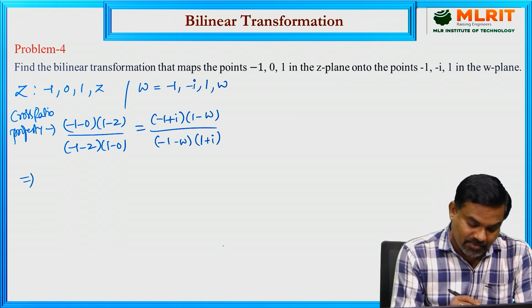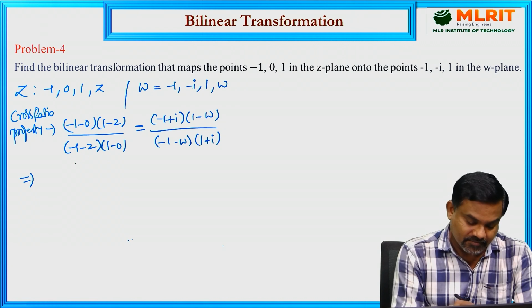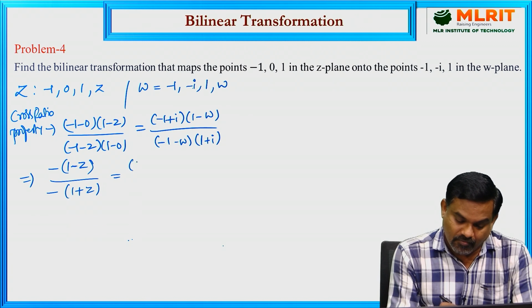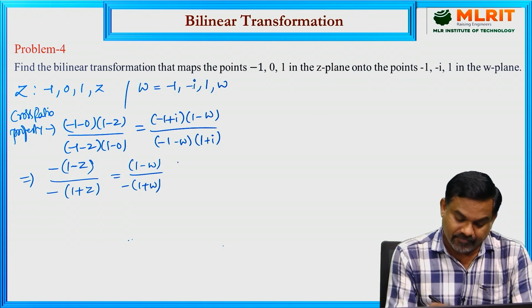Now by simplifying this, here we get minus sign, 1 minus Z by, here minus common, 1 plus Z is equal to 1 minus W by 1 plus W with minus sign.